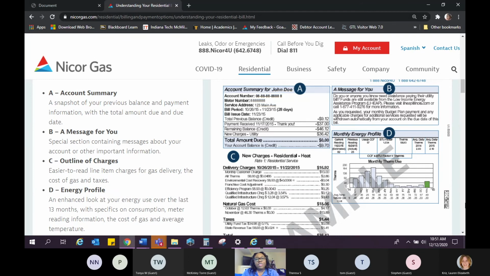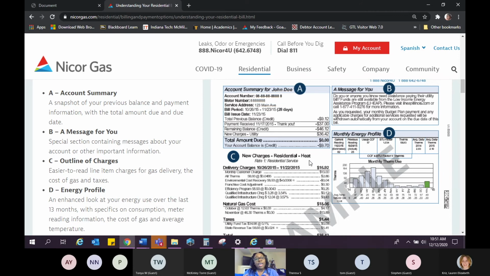Here is going to be the outline of charges. Sometimes this section can get a little confusing for customers, so we do break down what exactly you're being charged for and how much. For this customer, they are a residential heat customer. I don't know if any of you guys have businesses that you may have on service. We call those non-residential customers.